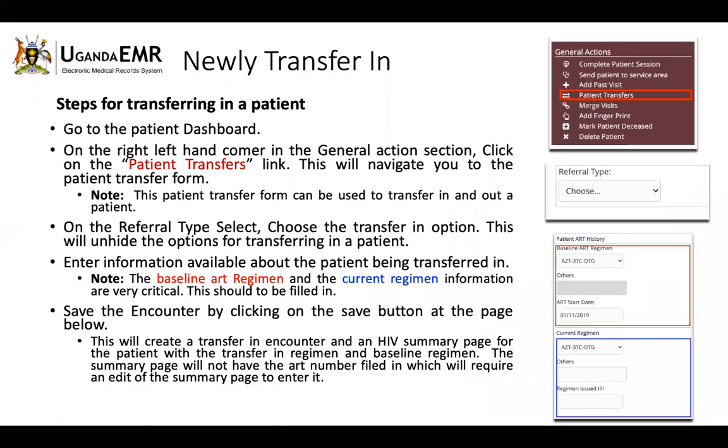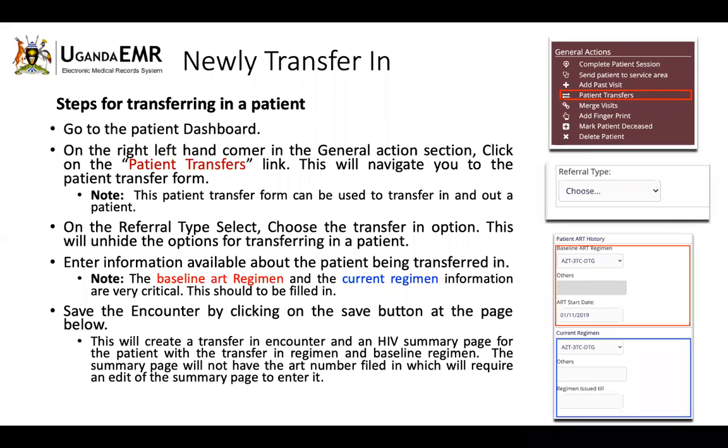So how do we deal with the transfer in of a patient? First of all, there is the logging in bit. You have to log into UgandaEMR. After logging in, if this is a new patient, you have to create and register them.